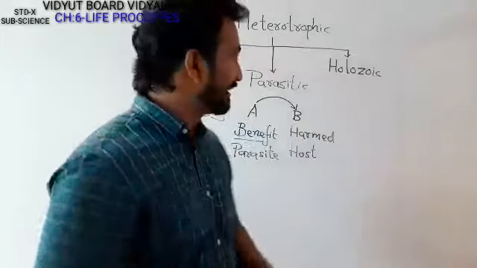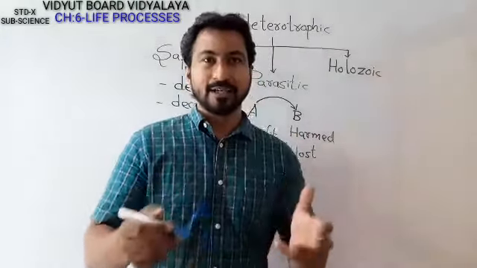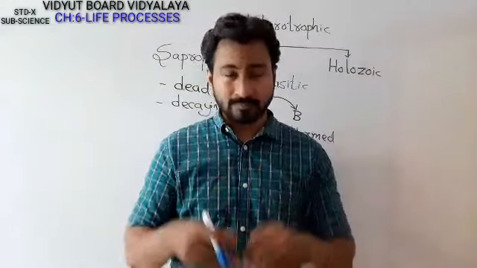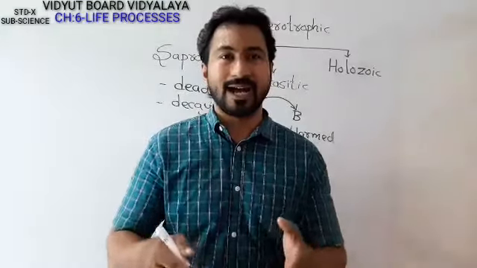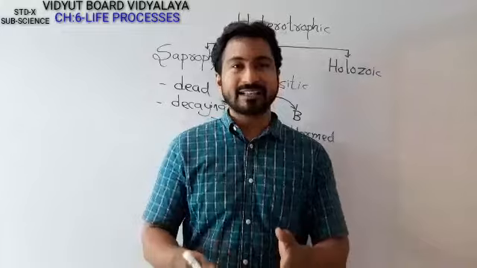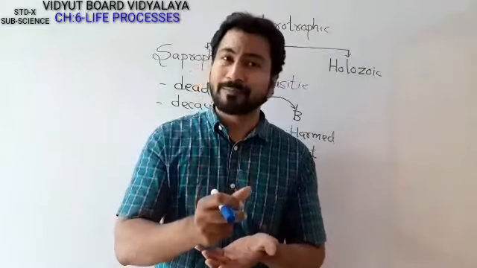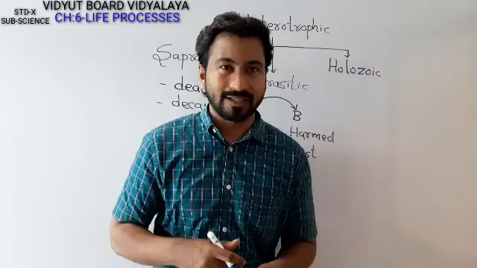The third one, that is the holozoic mode of nutrition. Here mainly the food is taken as a whole. So mainly the organisms who come under this category are the humans. We take the food as a whole, then we chew the food, we gulp it properly, and then that food enters our digestive tract.